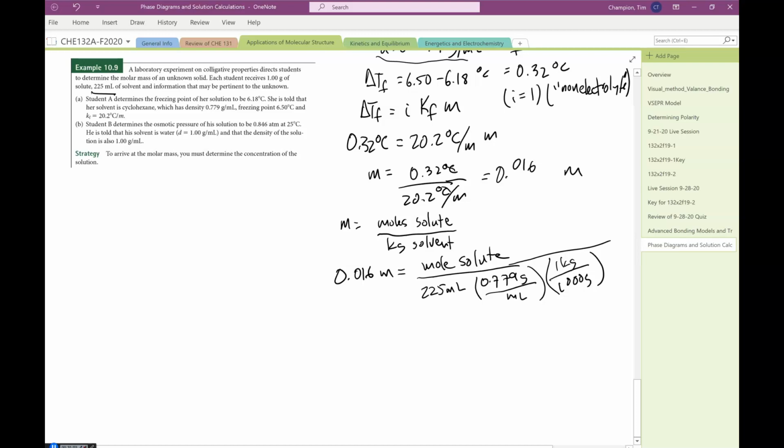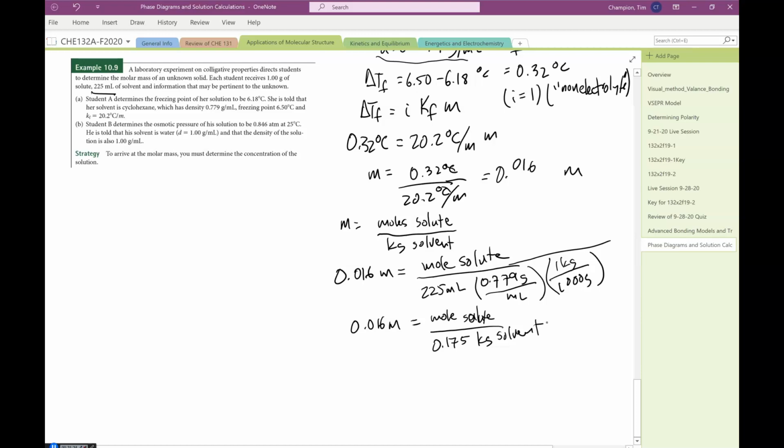So check that out. It is 0.779, and then dividing it by 1,000. I don't have to do anything with the ones. That comes out to be 0.175. So now I have 0.016 molal, which is moles of solute divided by 0.175 kilograms of the solvent.